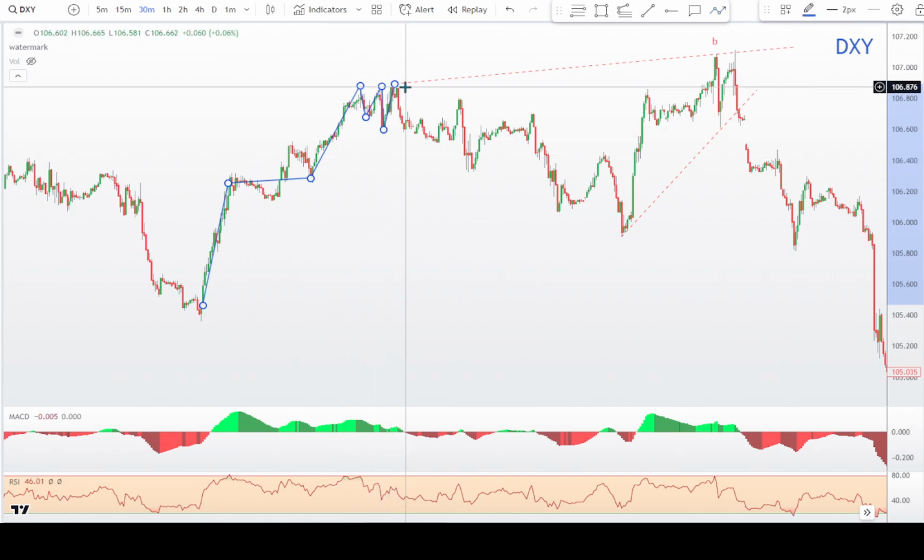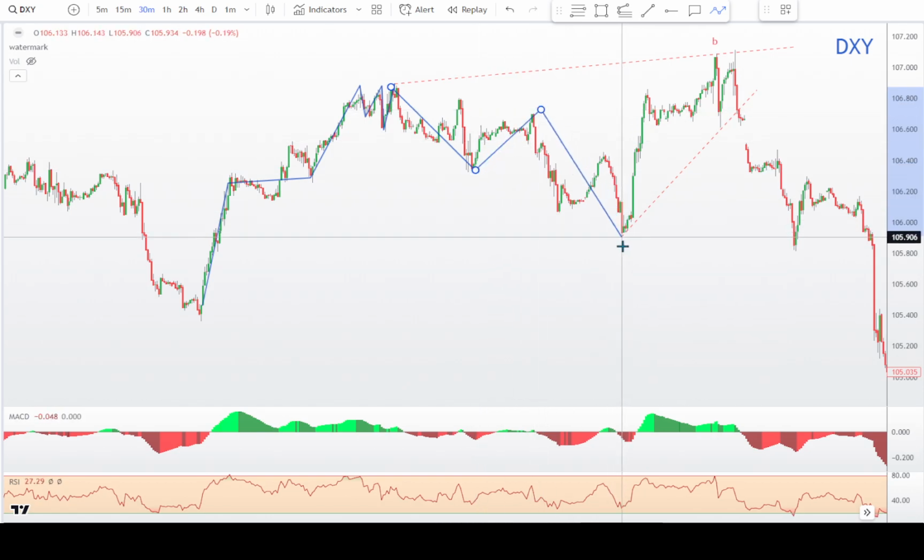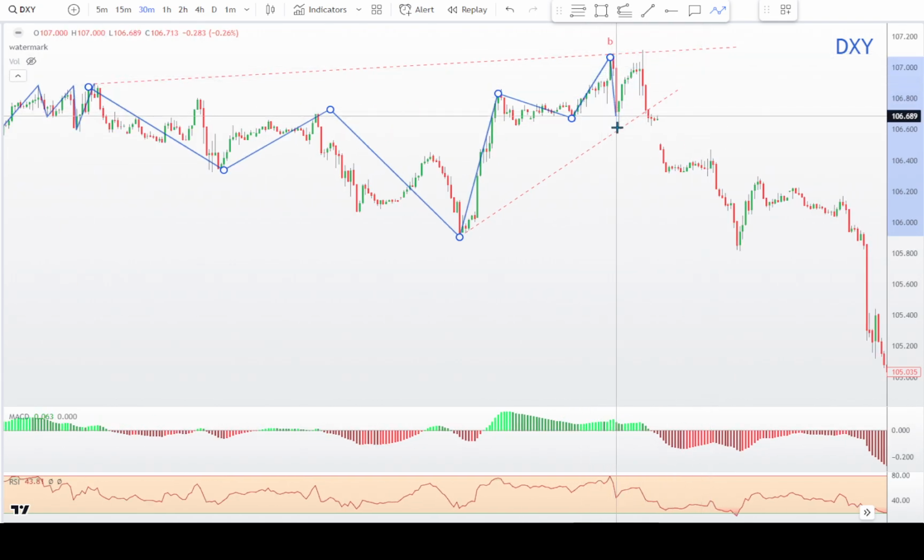So it's just a 1, 2, 3 for the first wave, and then you got some 3 wave here. Then you got 3 waves here, and then they did a really quick 3 wave move down to here to break that low, and then they went up in 3.